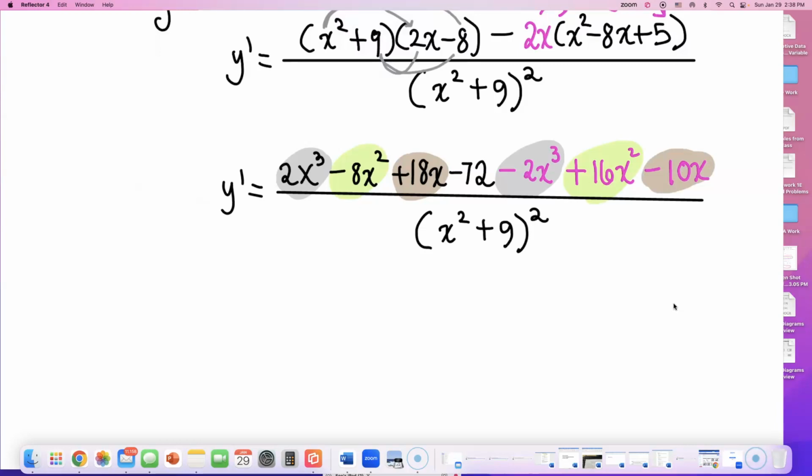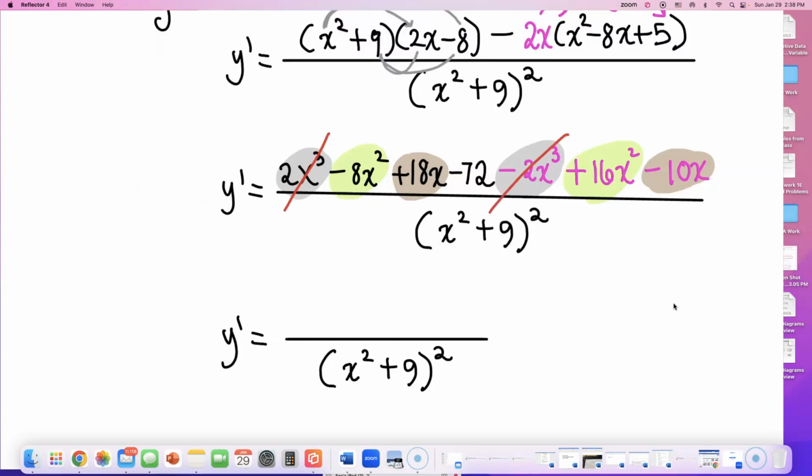So I try to color code these like terms. All right, let's write the final derivative, okay? So the denominator will stay the same. I'll just copy this down. But these two will cancel out, right? But if you combine these two green expressions, minus 8 and positive 16, you will get 8x squared, because that is 16 minus 8.